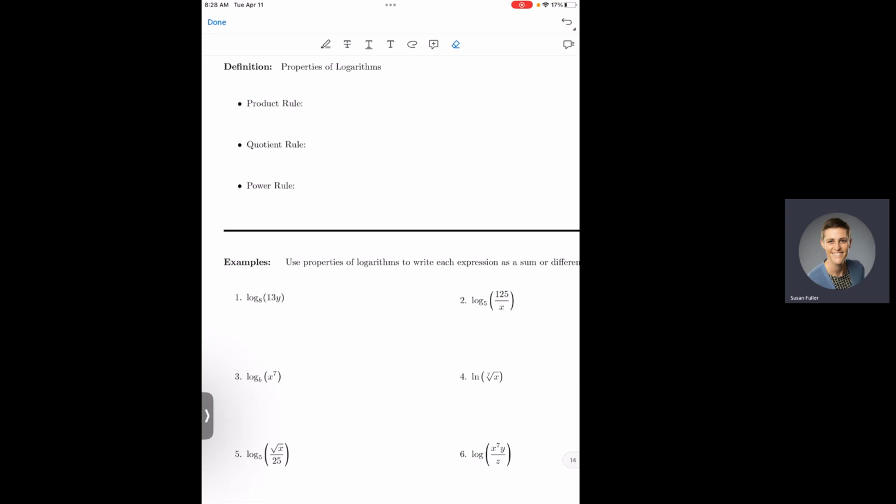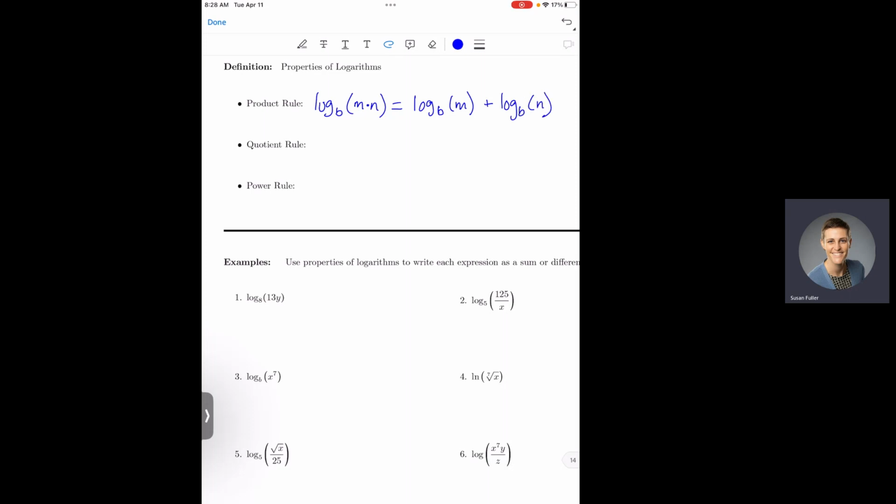So the properties of logarithms that we did not get to in class are the product rule, the quotient rule, and the power rule. Basically, the product rule says that if you have log base b of a number m times a number n inside a logarithm, so if you have multiplication happening inside a logarithm, then this is the same as log base b of m plus log base b of n.